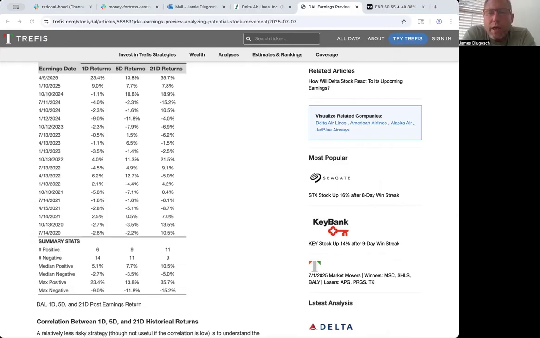In this particular case, I again focus on that median one-day move after earnings being minus 2.7%. And if I set a strike price well below that, and in this case, I'm using the 48.50 strike on the option that expires on Friday, then that's 4% lower.